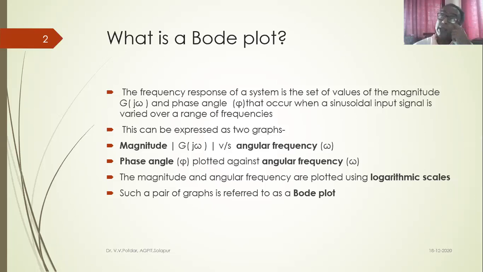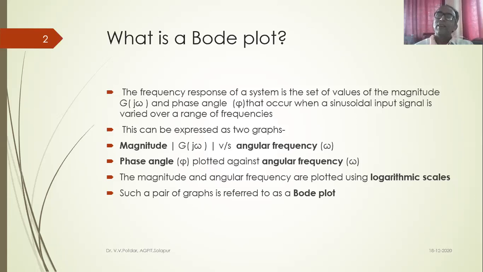So on the x-axis, the frequencies are normally converted into a logarithmic scale. The x scale is logarithmic, but the y scale is a regular decimal scale. In the first graph I plot magnitude, which is normally in decibel. We'll discuss that later. The phase angle is also on a regular decimal scale, plotted just beneath the magnitude versus omega plot. Why do I call it semi-log paper?